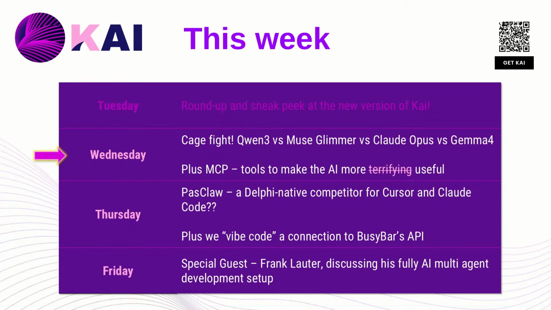So today we're doing what I laughably call a cage fight. It's a bit like Robot Wars or whatever you want to call it, but it's AI Wars. And I'm actually going to compare Qwen 3.8 versus Muse Glimmer, which is Meta or Facebook or Instagram, however you want to think of them, Zuckerberg's team.